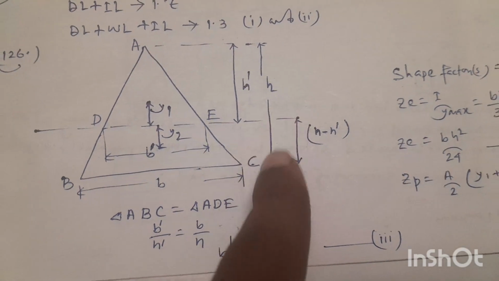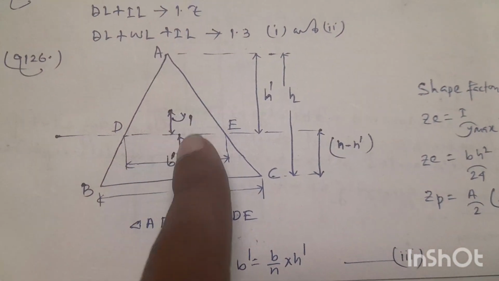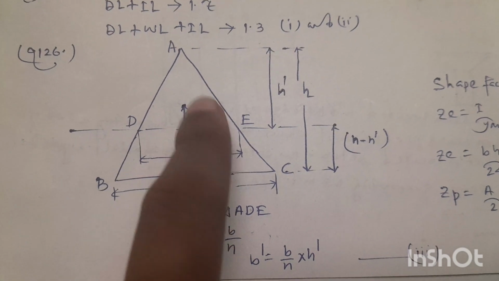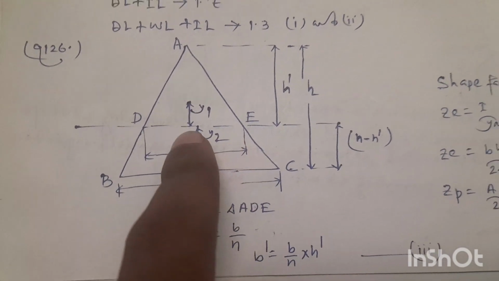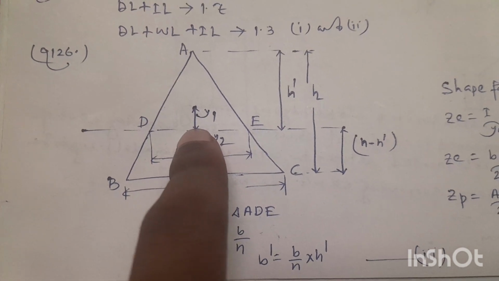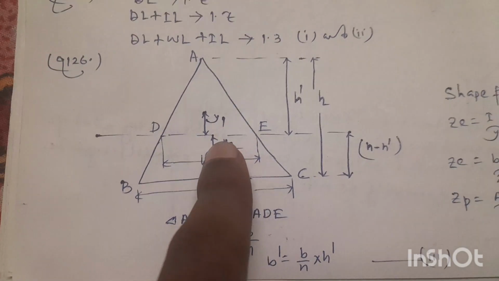So this height will be H minus H dash. The distance between this axis and the CG will be y1, and the distance between this axis and the CG of this bottom portion is y2.